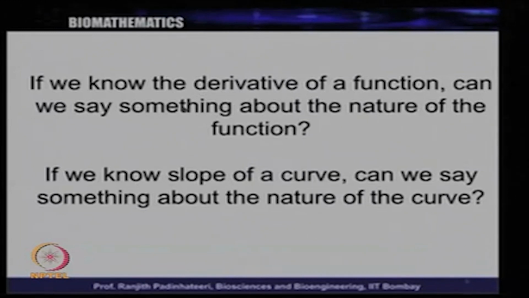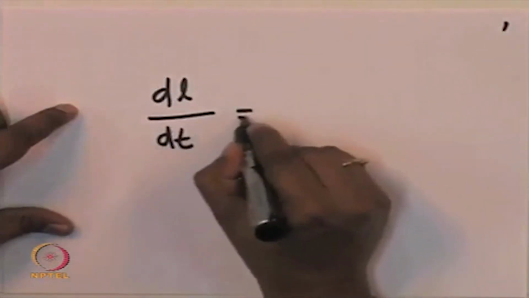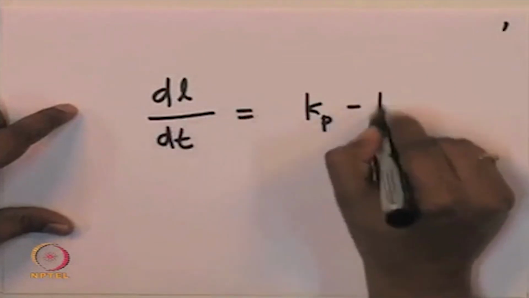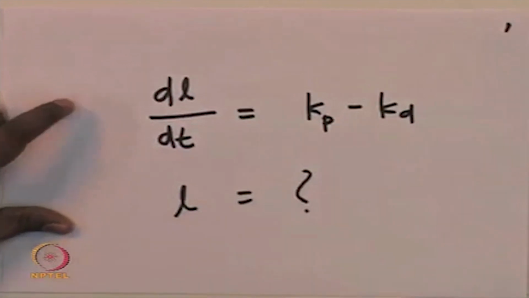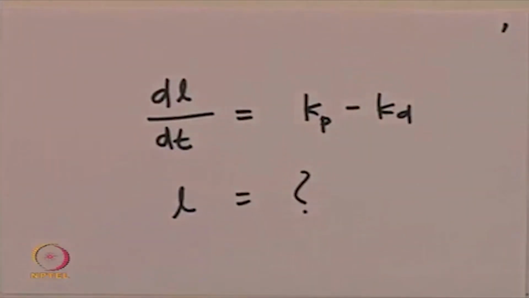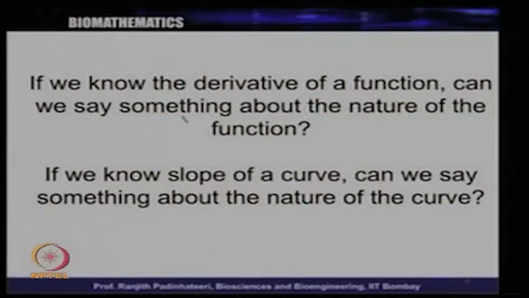Just to give you this idea, we had here dl by dt, we had Kp minus Kd. What is L? This is what this is asking.